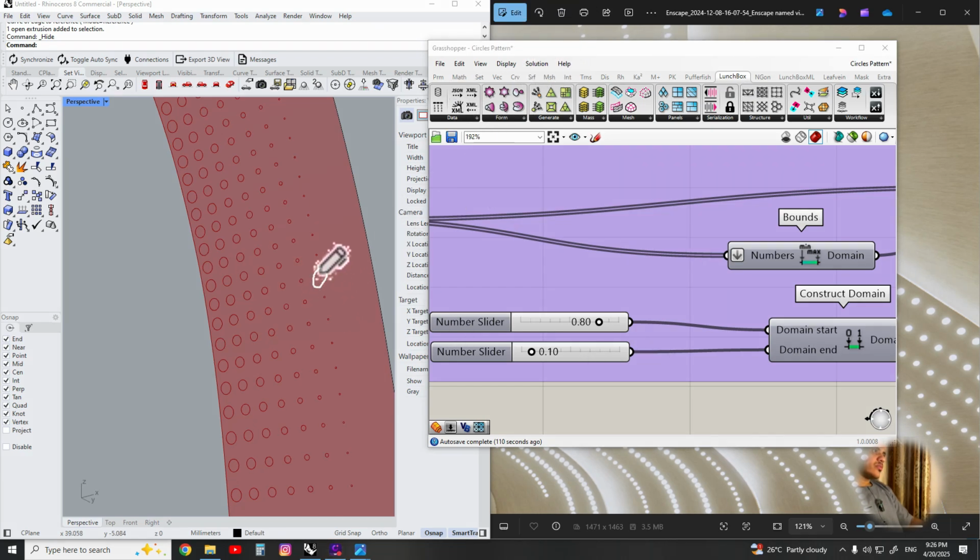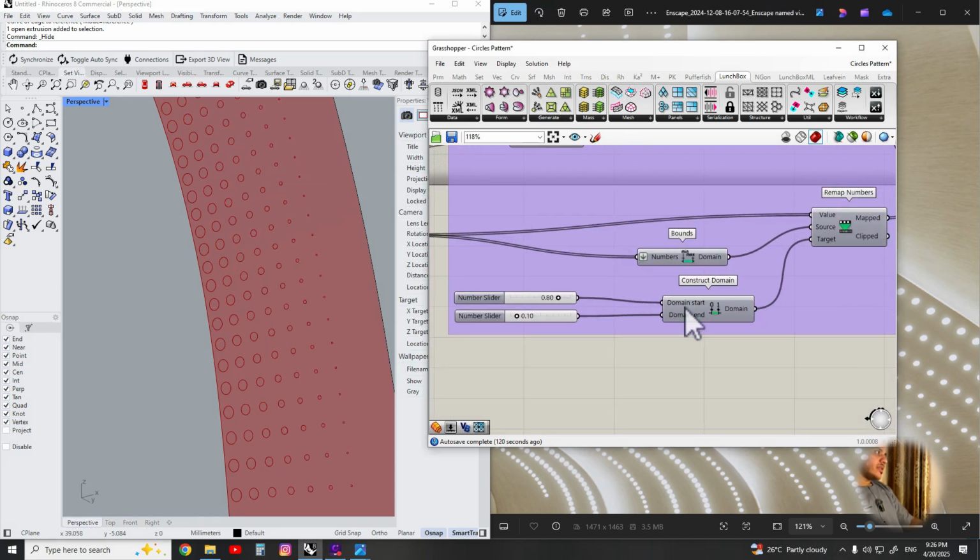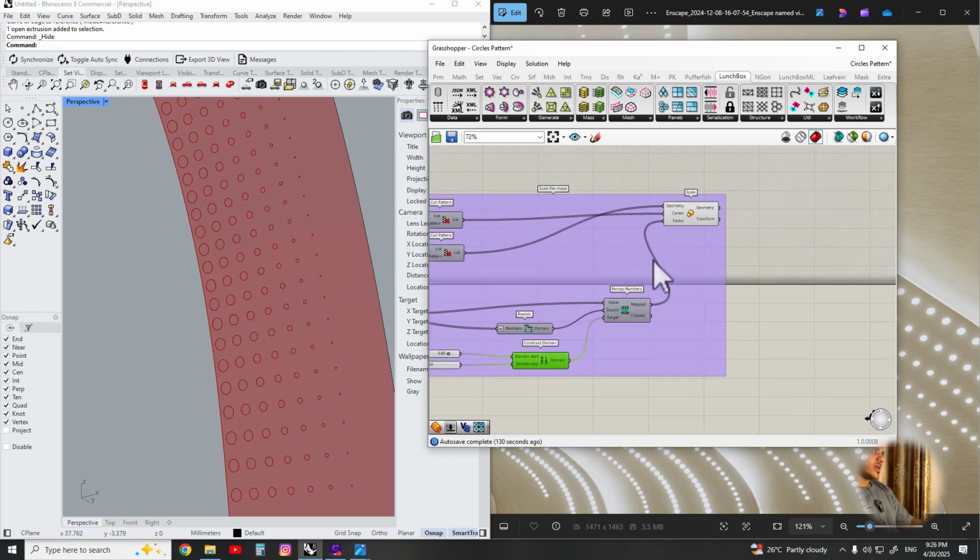So this is 0.9 and this is 0.8. It depends on which curve side we picked. This domain is very important so you can have parametric variation of scales.